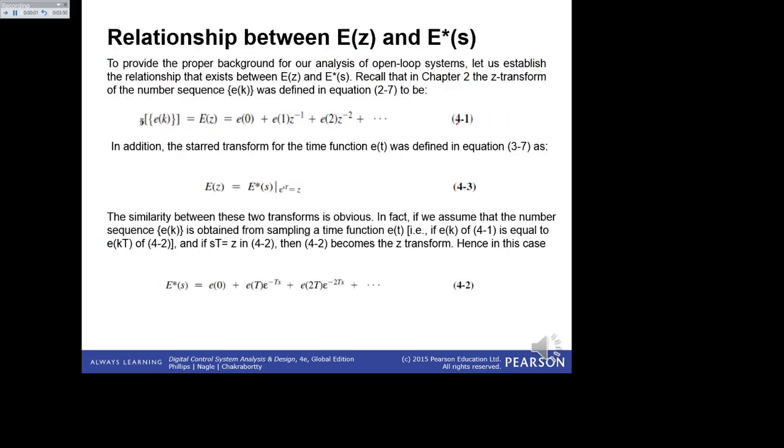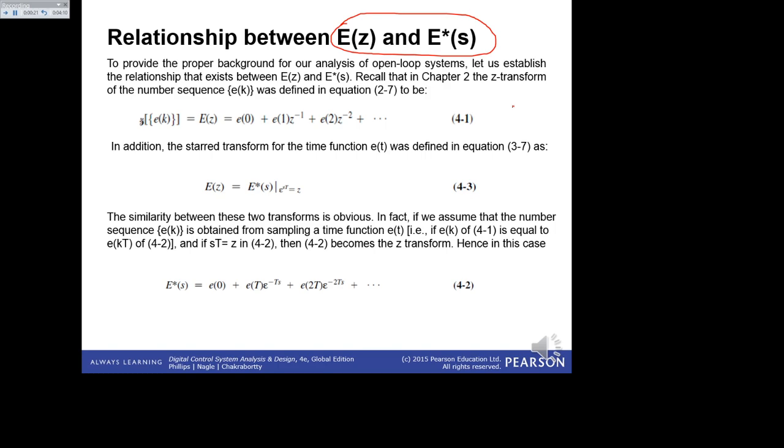So the first one, before we go into anything, we need to establish the relationship between E(z) and E*(s).